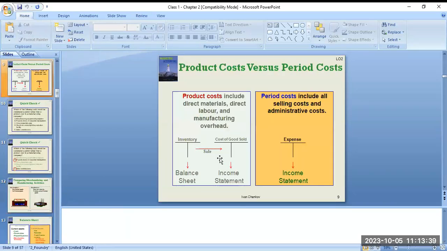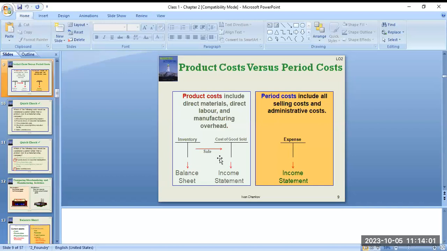Now, we're going to come to a new classification, product cost versus period cost. Product cost is the cost of the product: direct material, direct labor, manufacturing overhead. That product cost first becomes an inventory, and when it's sold, becomes cost of goods sold.